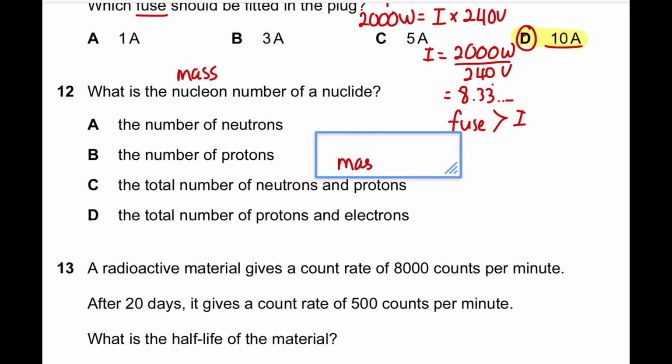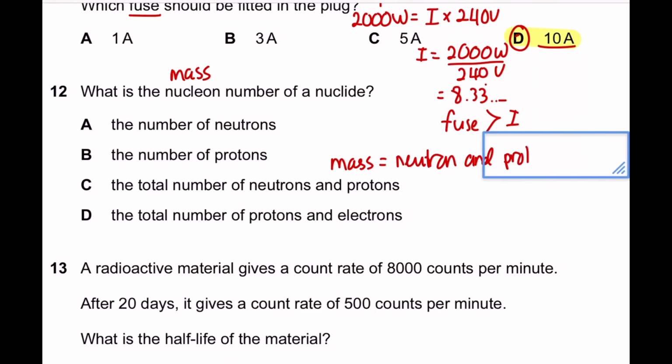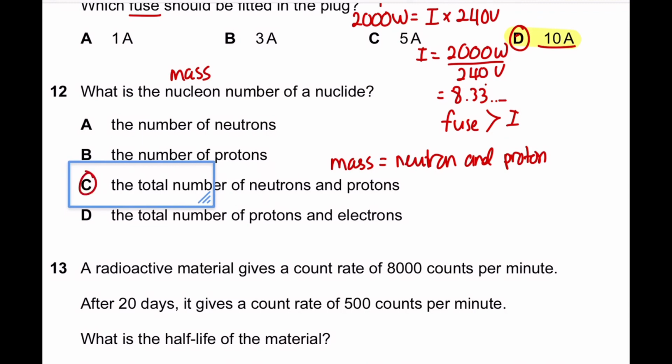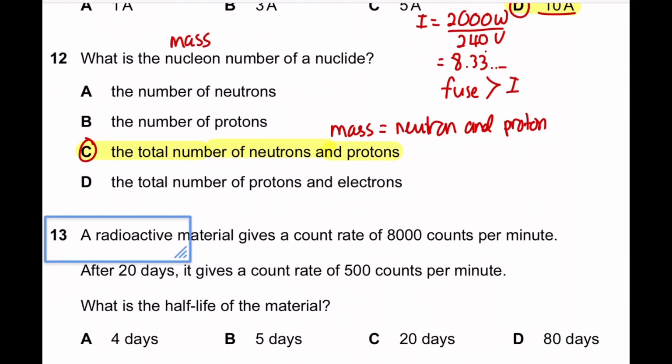We know that mass number is the sum of neutrons and protons. So in this question, it is automatically option C, as the answer is right here. The total number of neutrons and protons. On to the last question.